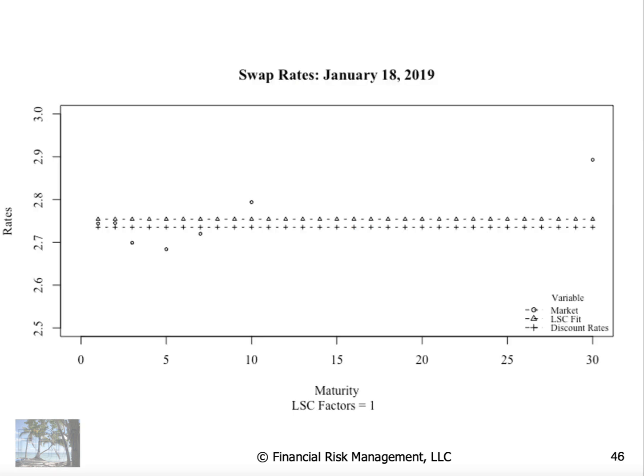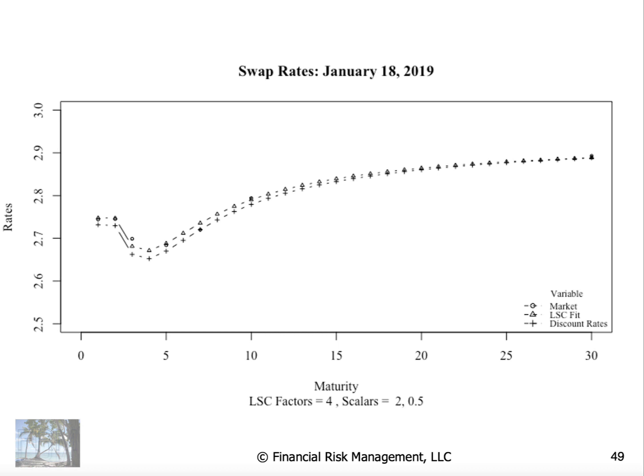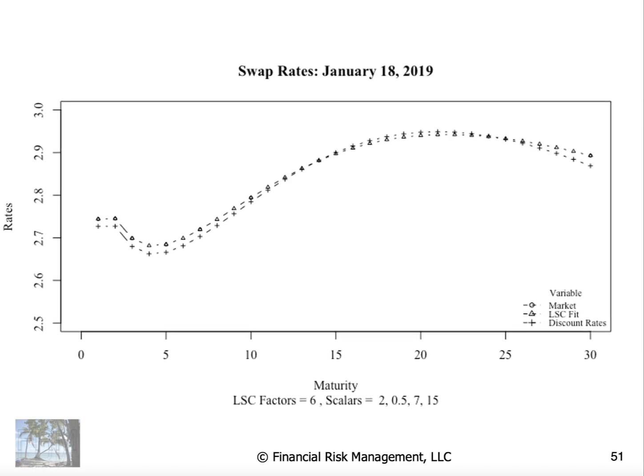This is a 1-factor model, 2-factor model, 3-factor model fits pretty good. And so 4-factor model does even better. And so it's clear that with a 4-factor model we're able to fit not only the LSC fit, but also to derive discount rates. 5-factor, 6-factor.